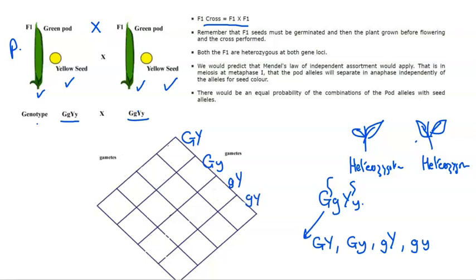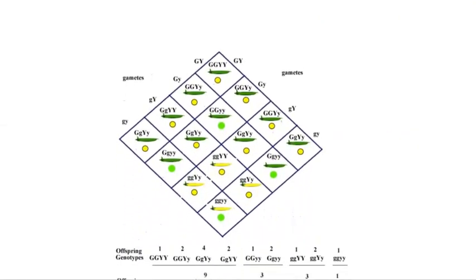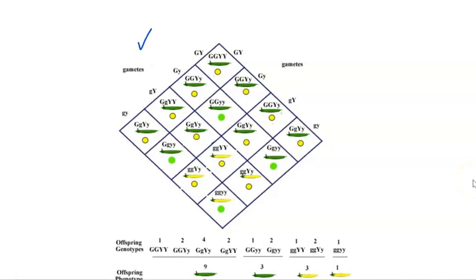So let's look at the completed table for this process. Now, these are the 4 gametes on this side. These are the 4 gametes on this side for this F1 cross, which is an F1 crossed with an F1. Crossed means to cross-pollinate, to reproduce them together. And so if big G, big Y is fertilized by big G, big Y, then this is the genotype we would end up with. And so now I've filled in the phenotypes immediately, showing green pod and yellow seed.